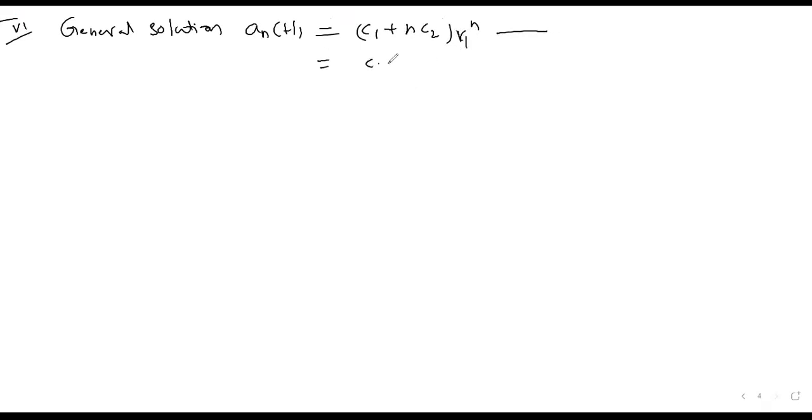Finally, this can be written as C1 plus n C2 into 1 power n. Finally, our answer is a n of h equals C1 plus n into C2. This is our required general solution.